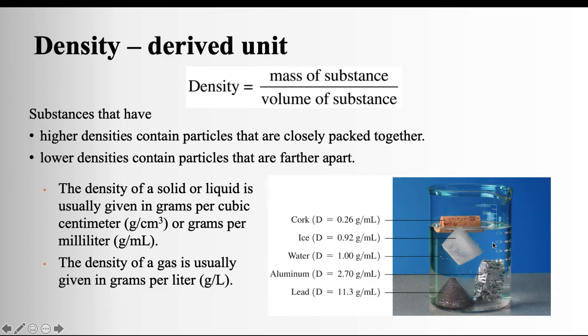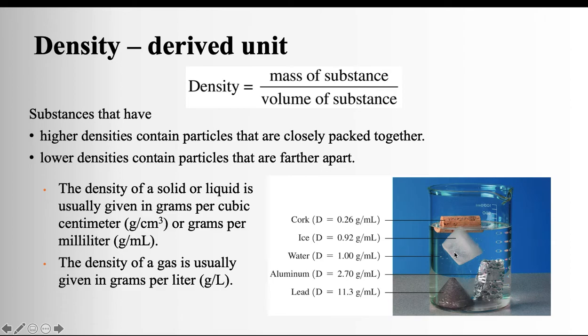That means it is denser than water, so it's going to fall through the water to the bottom. Lead has a much higher density, 11.3 grams per milliliter, so obviously it's going to fall to the bottom. If something is floating, then we know that its density is less than that of water.